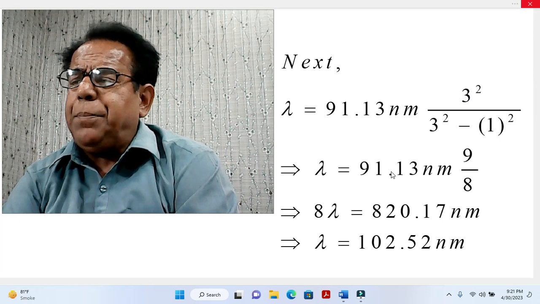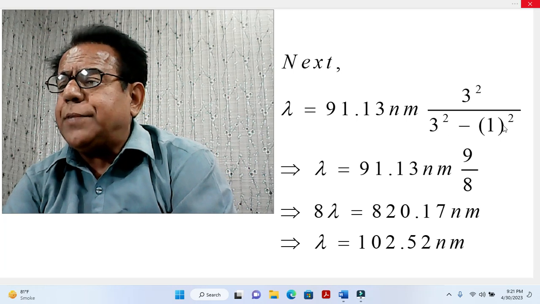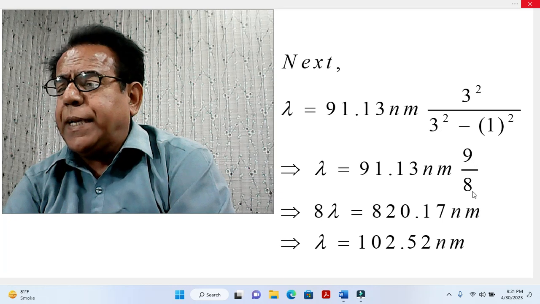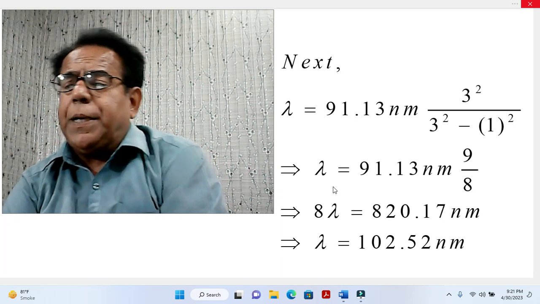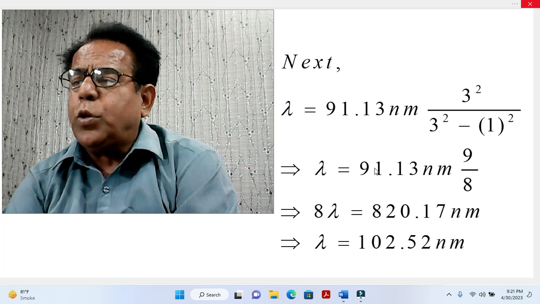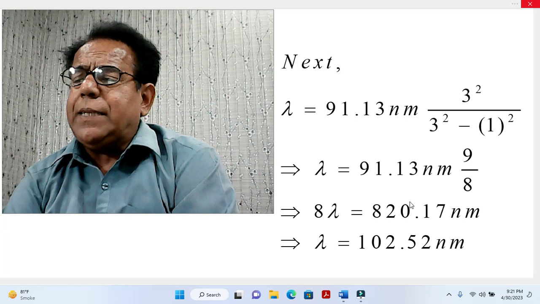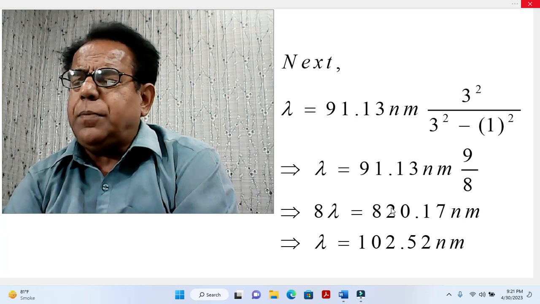So lambda becomes equal to this into 9 over 9 minus 1, meaning 9 over 8. This 8 will be multiplied with this, and it will become 8 lambda equal to this. When 91 is multiplied with 9, it becomes about 820.